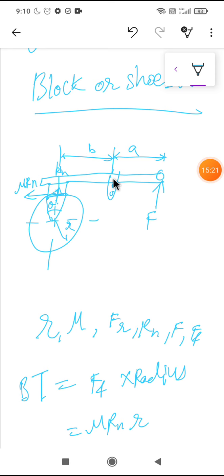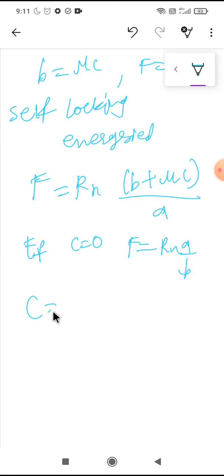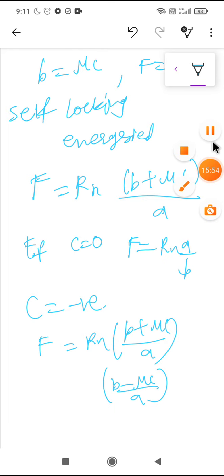This is the pivot, and if this pivot is changed from here to here, to the upwardmost position, then C is made negative. So the force F will be equal to Rn into (B plus mu C) divided by A for counterclockwise, and (B minus mu C) divided by A for clockwise rotation.